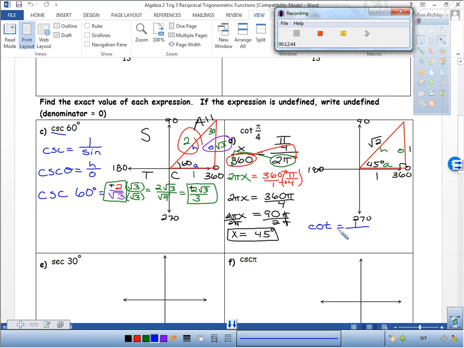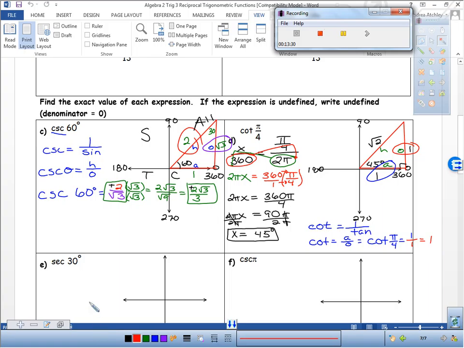It goes with tangent, so 1 over tangent. And then, tangent is opposite over adjacent, so cotangent is adjacent over opposite. So the cotangent of pi over 4 is going to equal the adjacent, which is 1, over the opposite, which is 1. So it'll be 1.